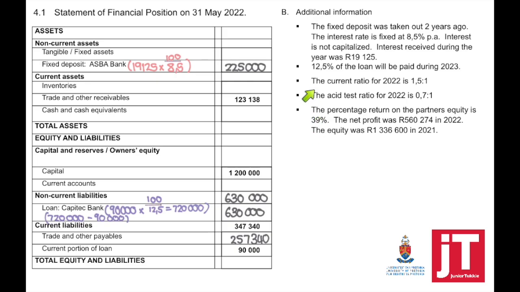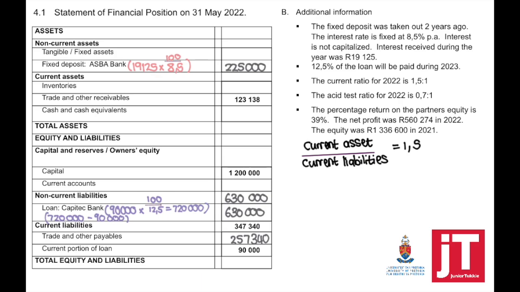In the next two bullets, they provided the current ratio for 2022, 1,5 to 1, and the asset test ratio for 2022 is 0,7 to 1. So if we look at this now, to calculate the current ratio, it's your current assets divided by the current liabilities.